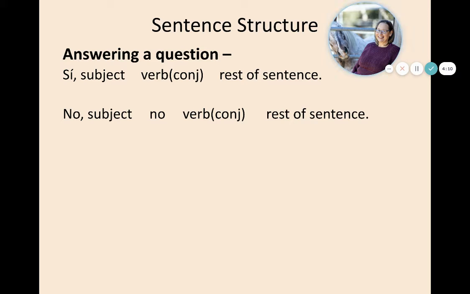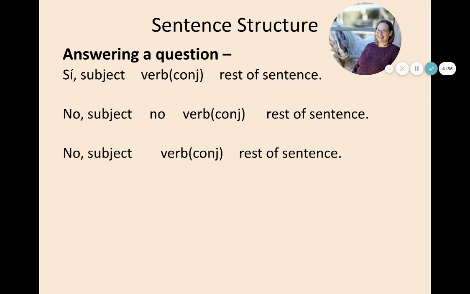If you're answering no, then you would say no, comma, then the subject of the sentence, then no, because you're answering no. I don't do this, or I don't want this, or whatever. You're saying no twice.